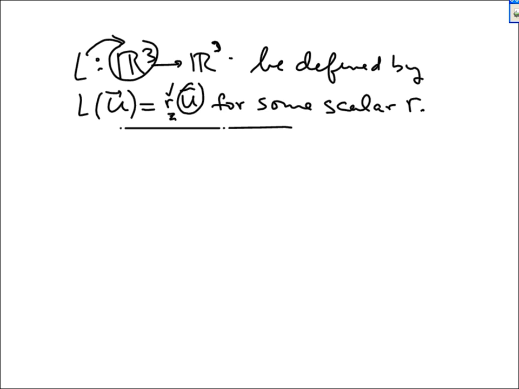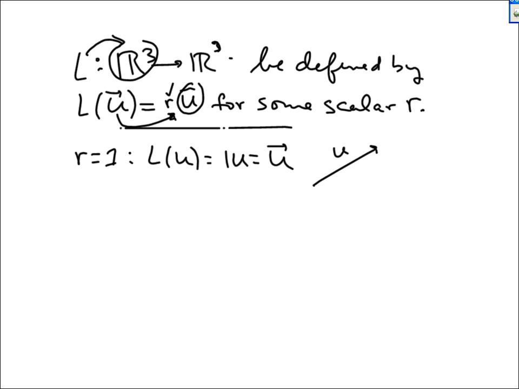Now, the vector U gets scaled. If R is equal to 1, then L of U is 1 times U, which is U. That is, it doesn't do anything. In other words, if this is the vector U, then if R is 1, L of U gives back the same exact vector.